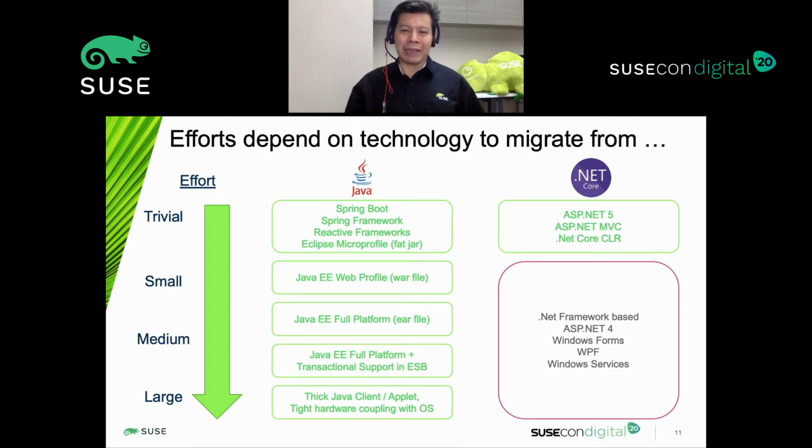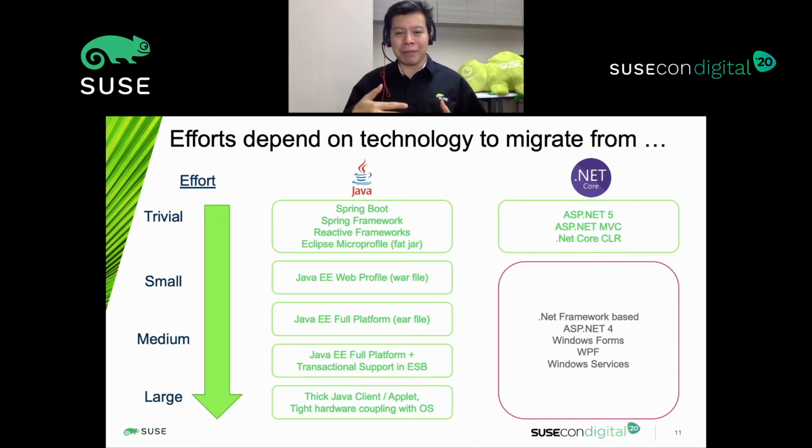So what about .NET? Likewise, in the .NET world, it's trivial to migrate the .NET Core-based frameworks, such as ASP.NET 5 applications and ASP.NET MVC applications that are built on the .NET Core runtime.